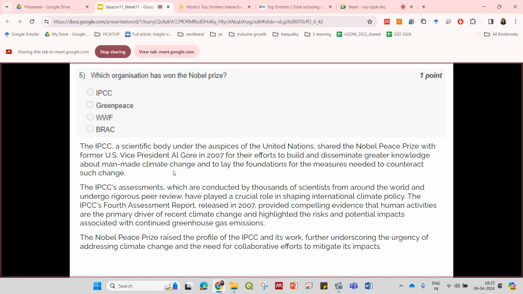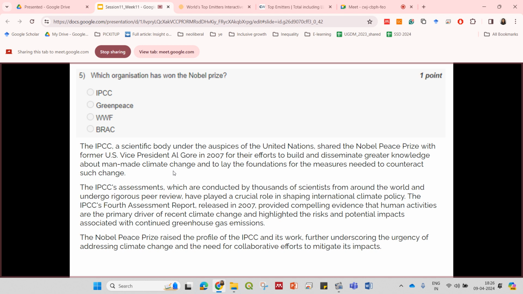But after IPCC's efforts in 2007, they published the report, which made it very clear that it is because of anthropogenic activities or human-caused greenhouse gas emissions, which is causing the global temperatures to rise.